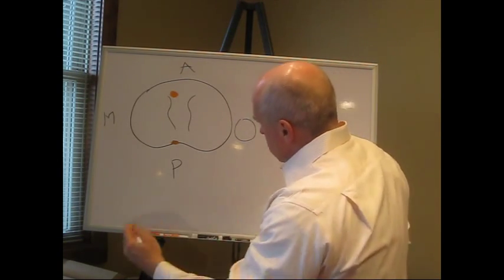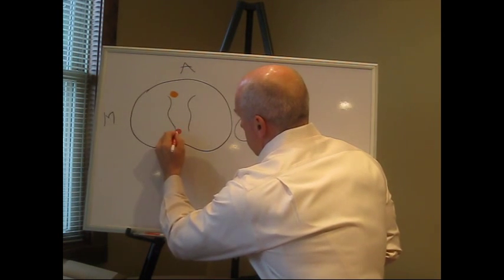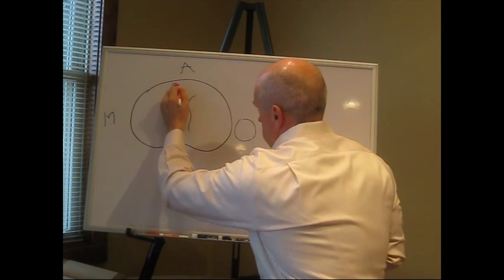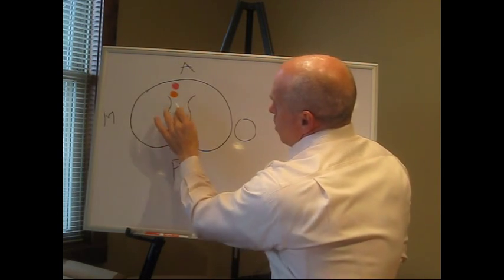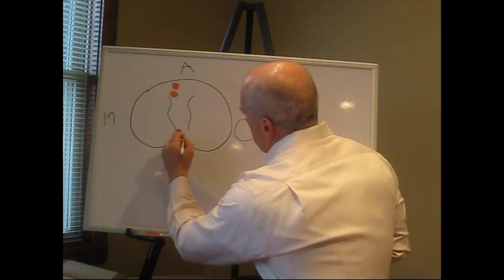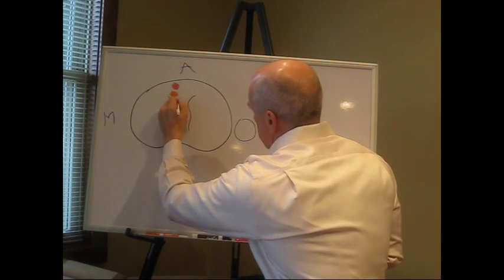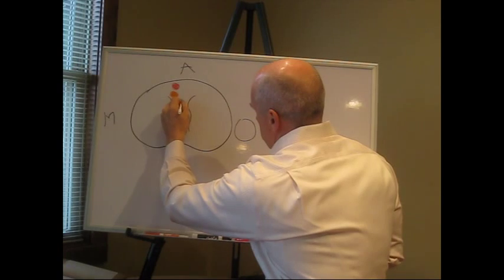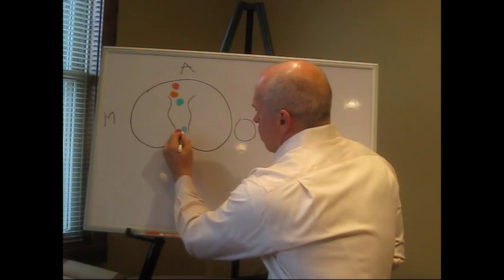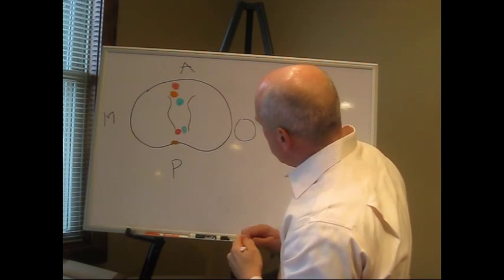A couple other landmarks we have here. These are attachment points for the medial meniscus. And then here, we have attachment points for the lateral meniscus. So let's draw these menisci in.